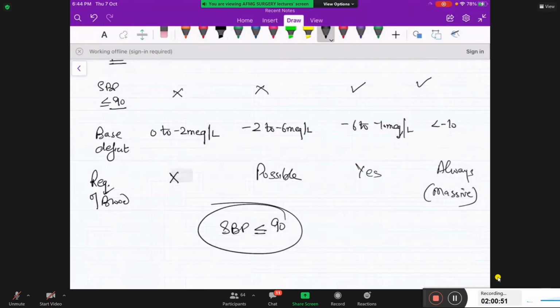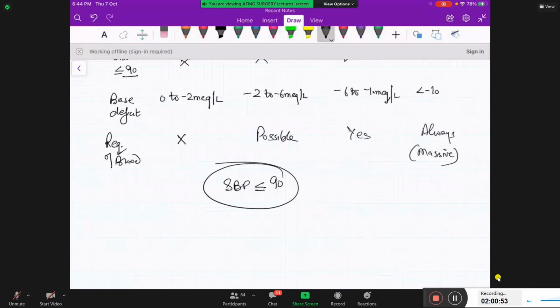Okay, now let me ask you. Imagine there is a bucket, and this bucket has water. Now in this bucket, imagine there is a hole. The water is leaking out, right?